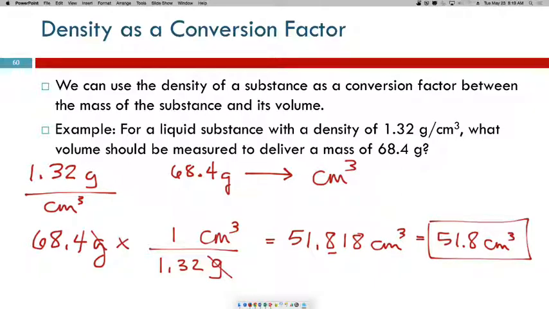Any questions? As far as the density, the number is always with grams, and then it's just over the volume? Yeah, for densities, it's always grams per cubic centimeter, and we're indicating that 1.32 grams per 1 cubic centimeter. It's a lot like a rate of speed, you know, if you're traveling 70 miles per hour.